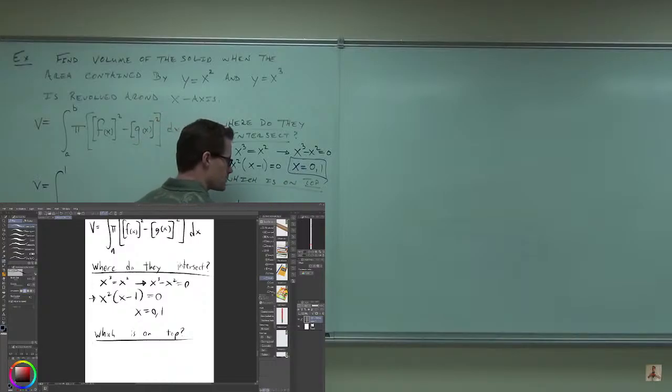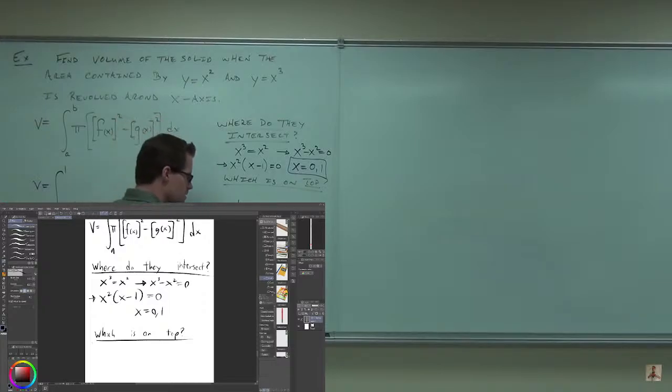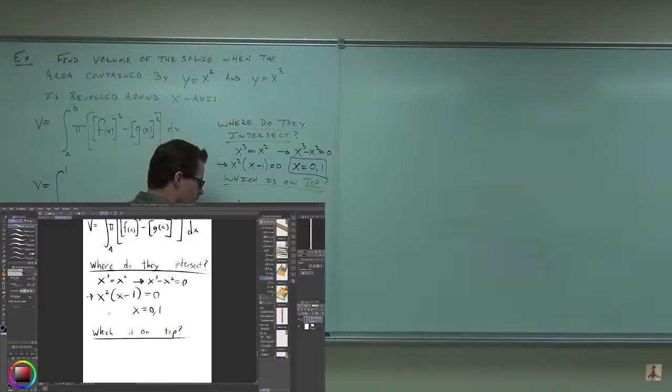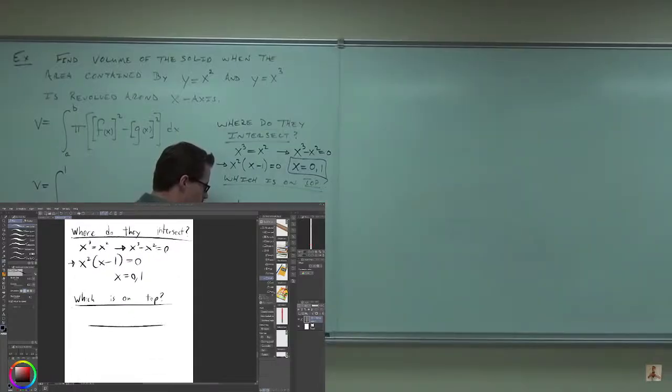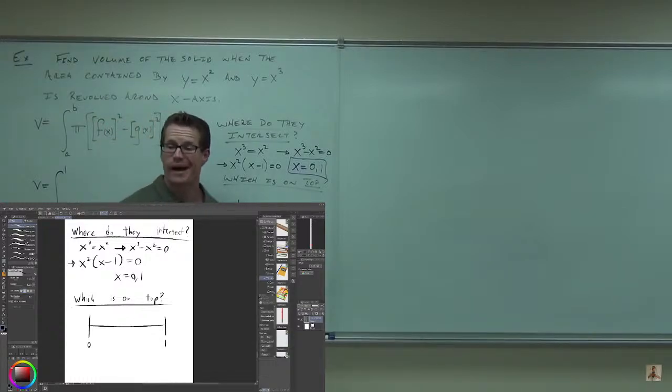Remember doing this? I gave you the graphic organizer. I said, plug a number in there. Plug it into x cubed and x squared in this case. Figure out which one's on the top and which one's on the bottom. What number are you going to plug in between 0 and 1? 1/2 would be great, 0.5, whatever. With something between there, it doesn't really matter as long as it's not 0 or 1.